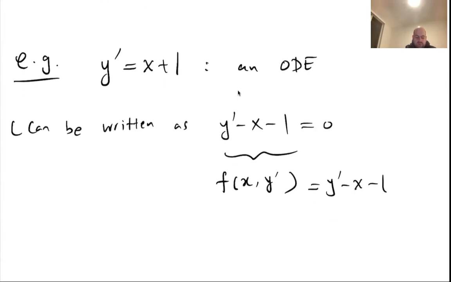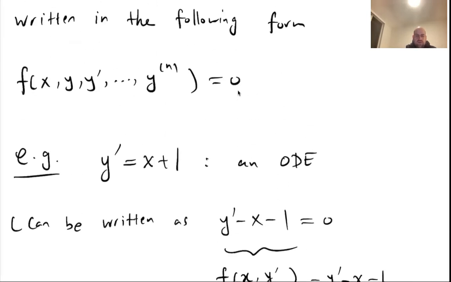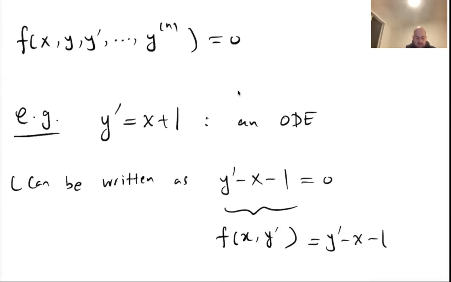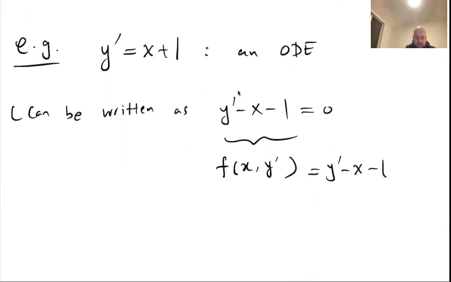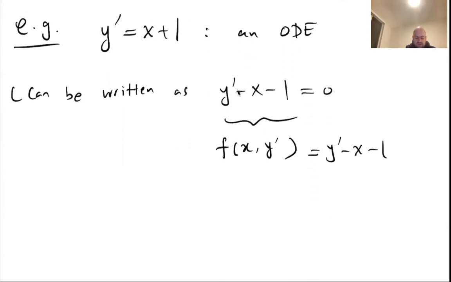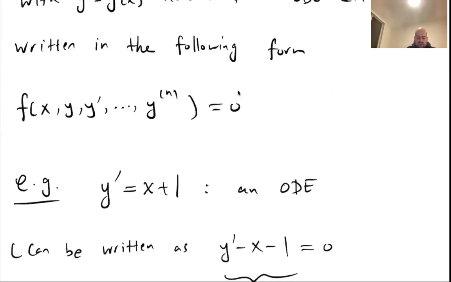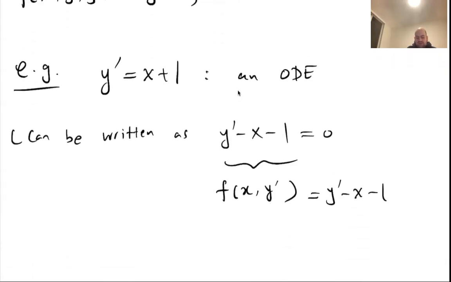I remember I told you that any ODE can be written in this form. Now, if this is your ODE, y prime equals x plus 1, then your function f of x, y, y prime can be written as y prime minus x minus 1. See, I wrote 0 on the right-hand side, so it's no big deal. If the right-hand side is not 0, you can take everything to one side and you can still write it as some expression equals 0.